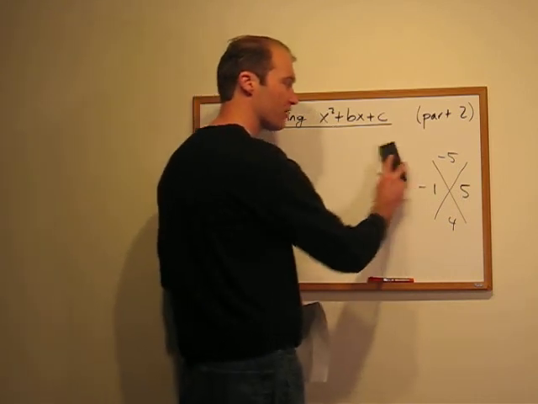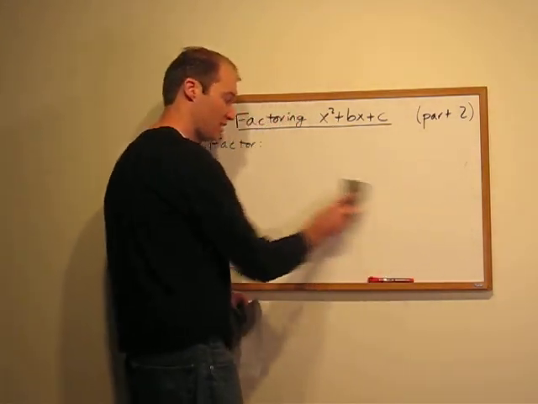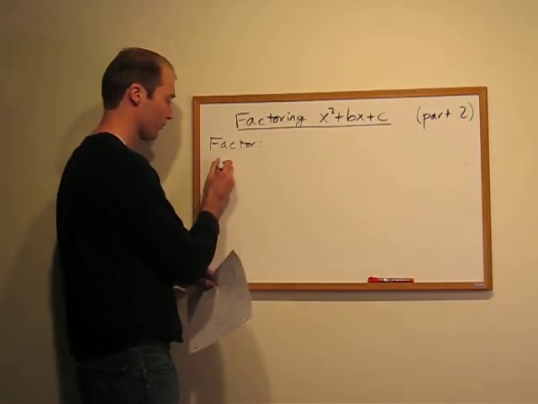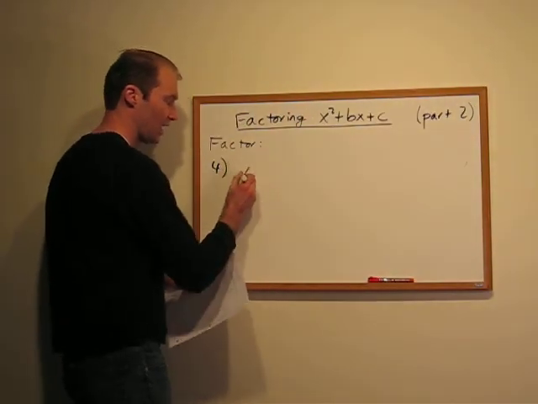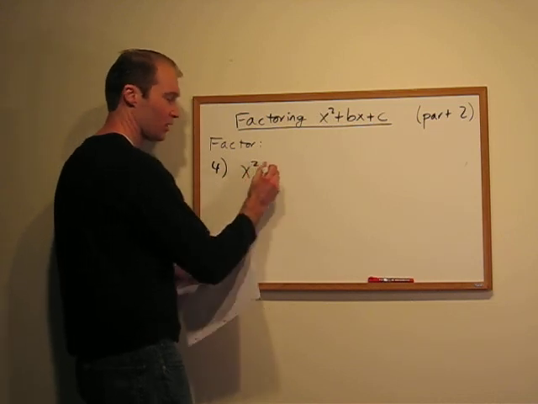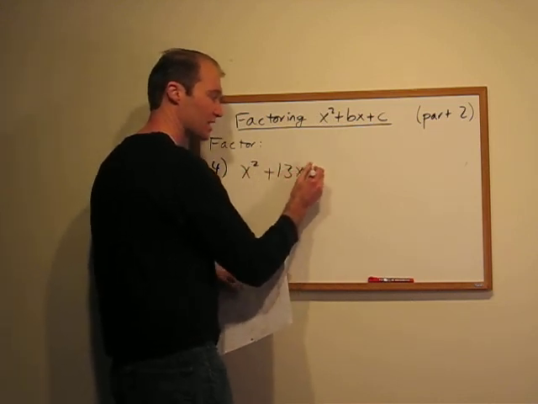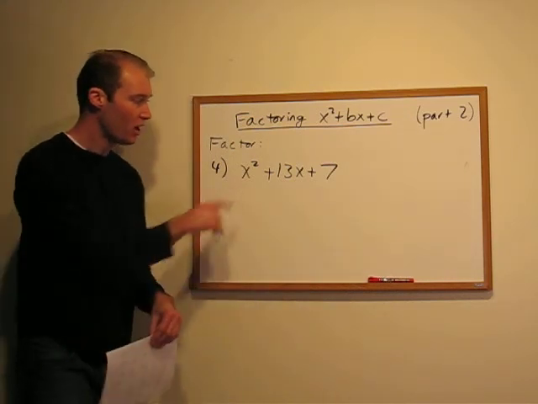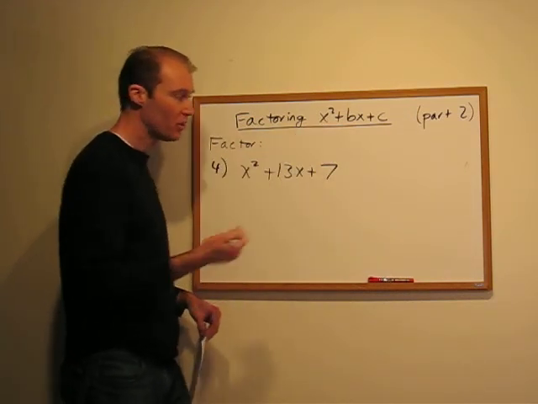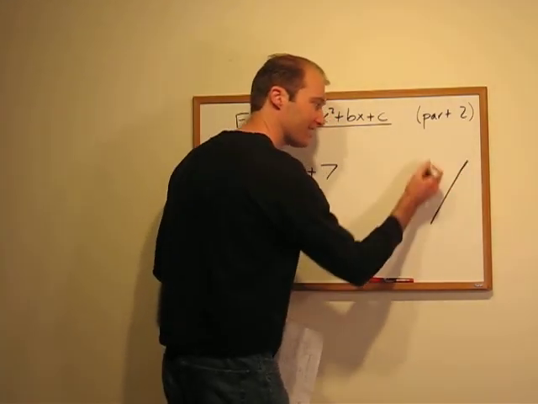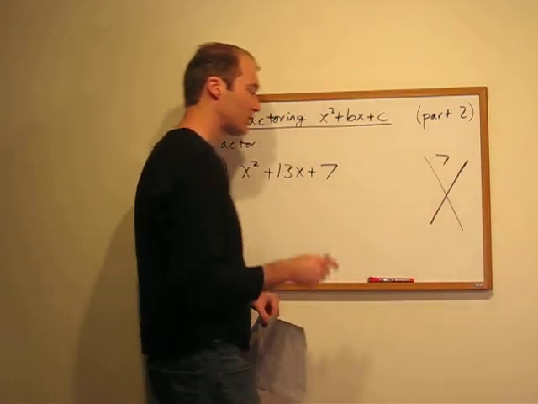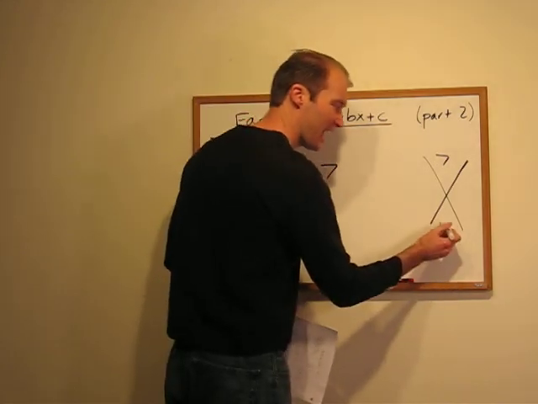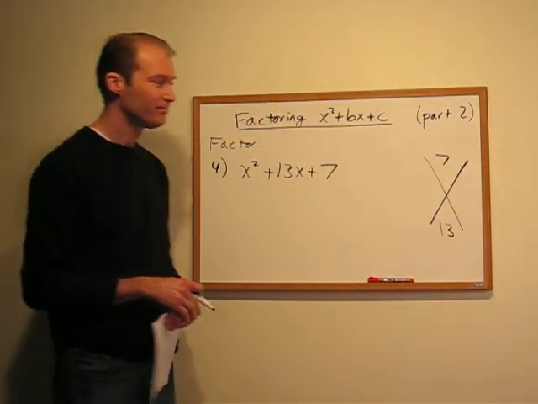Let's say that I wanted to factor an expression that looked like this: x squared plus 13x plus 7. Already this fits the form, so what I want to do is look for two numbers that multiply to 7 and add to 13.